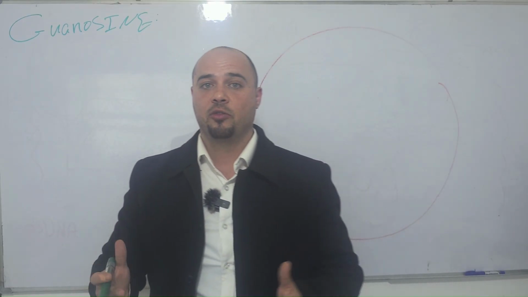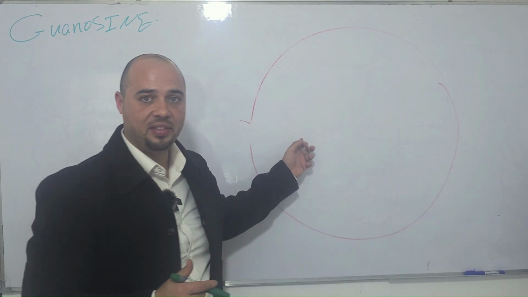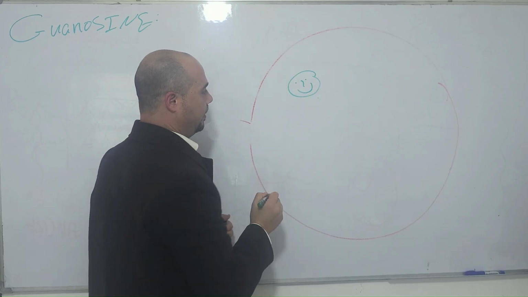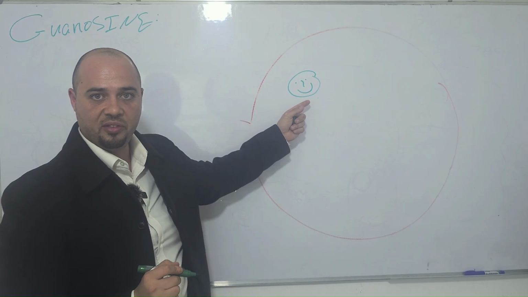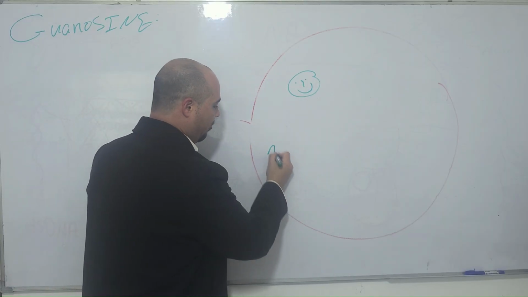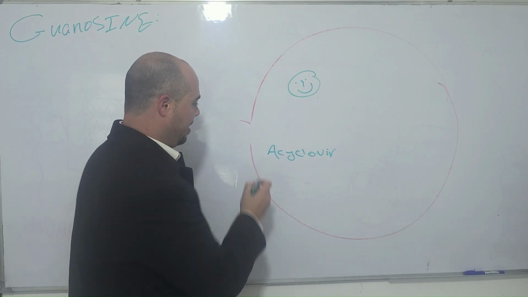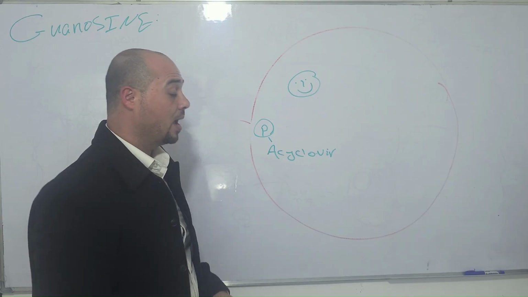Why? Acyclovir, the only thing that can activate it when it's inside the cell is the viral kinase. Okay? And therefore, if a cell is not infected with the virus, even if the acyclovir comes and enters it, it's never going to be activated. There's no phosphate that's going to be put on it, and so it's not going to work.